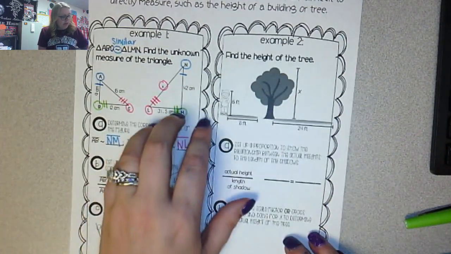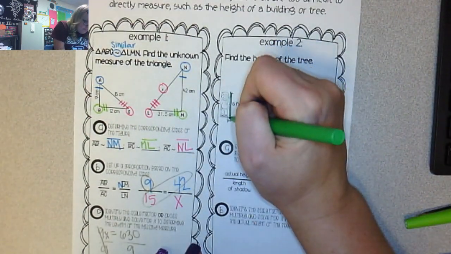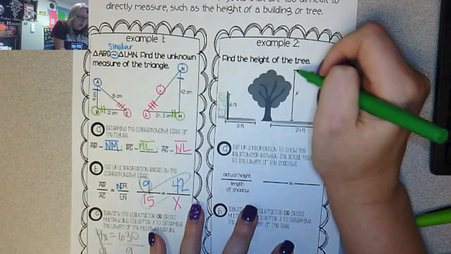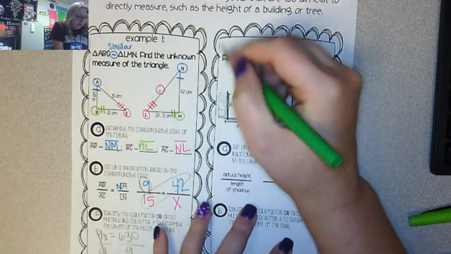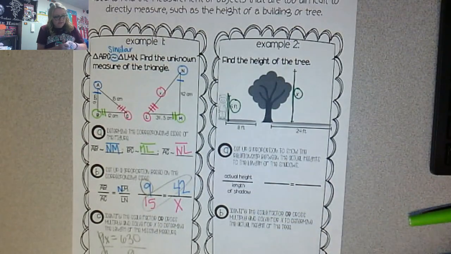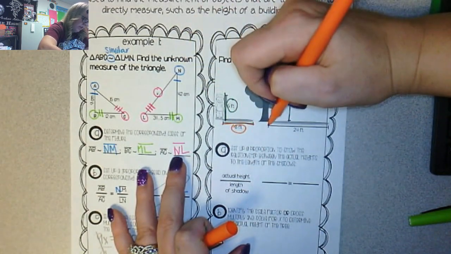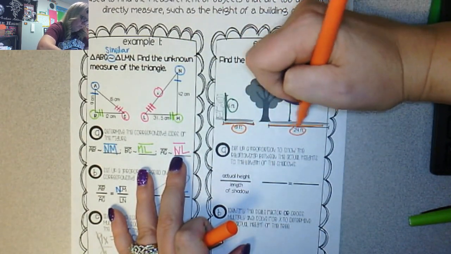Okay, so you have the boy is 6 feet tall, and the tree, we don't know how tall the tree is. So 6 and x are our partners, and then the shadow of the boy is 8 feet, and then the shadow of the tree is 24.